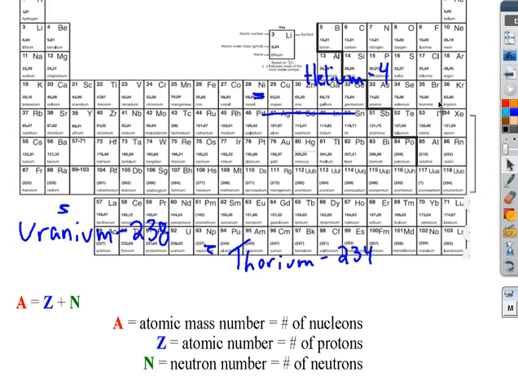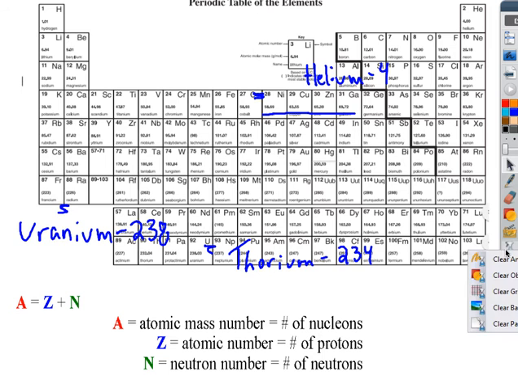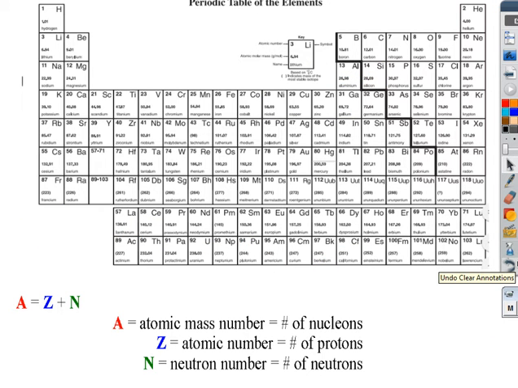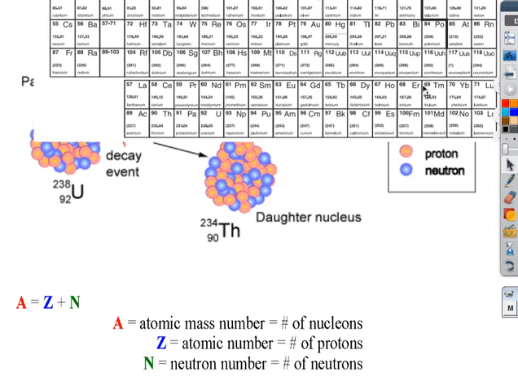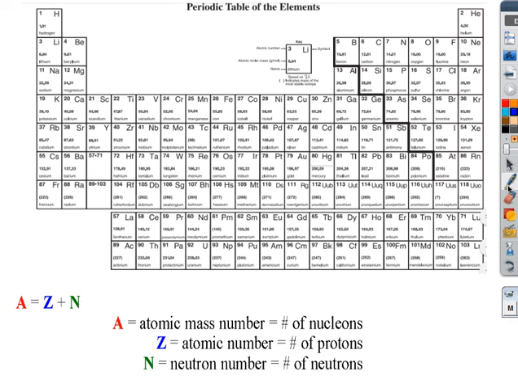So whenever we're dealing with isotope notation, so the one example we had was uranium-238. This number at the top is the mass number, the total number of nucleons. This number at the bottom gives us the number of protons.